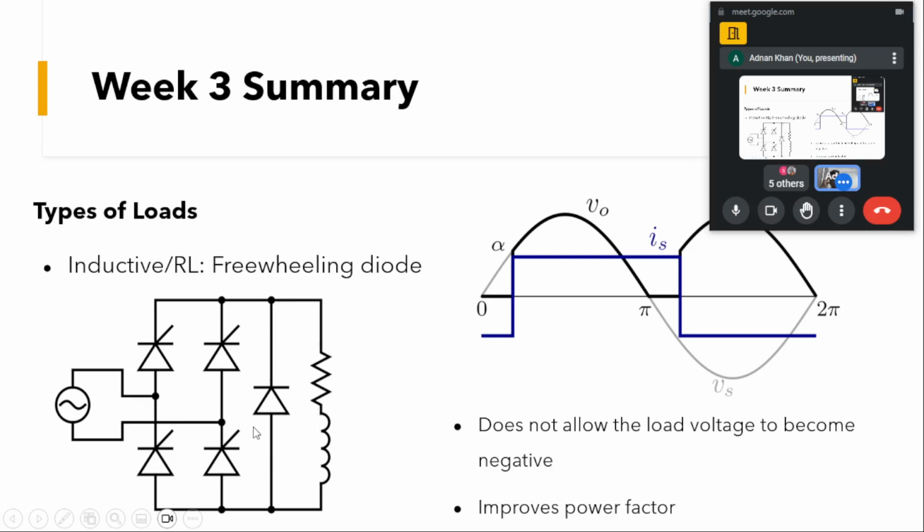So what happens is, as earlier, at alpha we trigger these devices, and the devices will start conducting. The output voltage will trace this positive half of the sine wave after alpha up to this point pi.